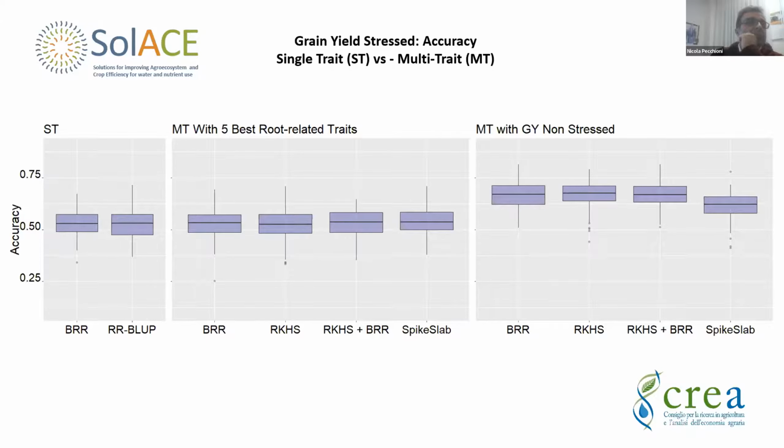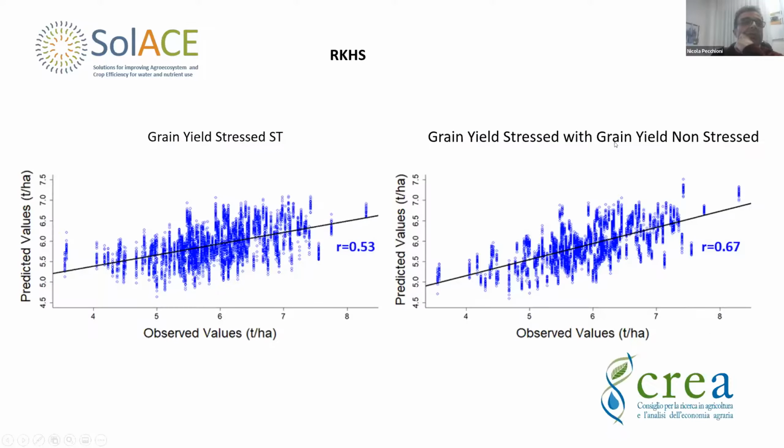So as a conclusion of this experiment that we are running, this was the way to improve the accuracy for grain yield in stress conditions, more than with the root traits phenotyped in the controlled environment platforms.